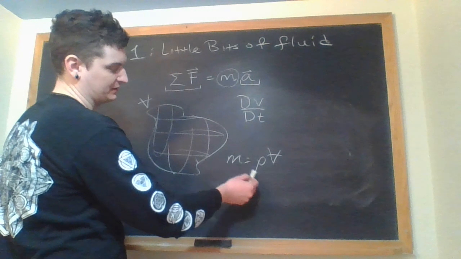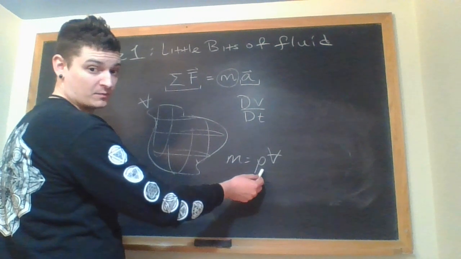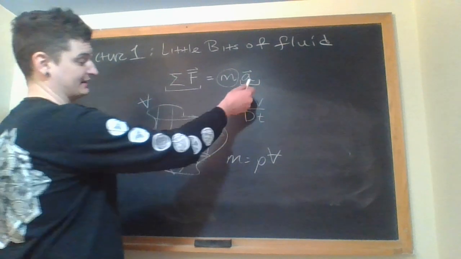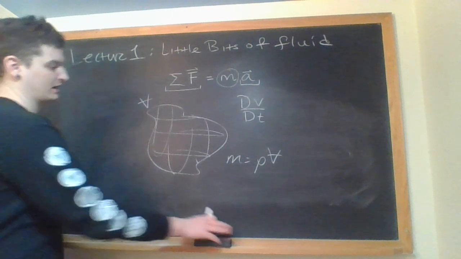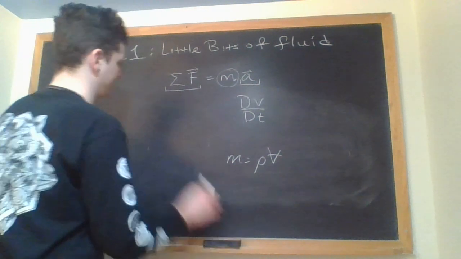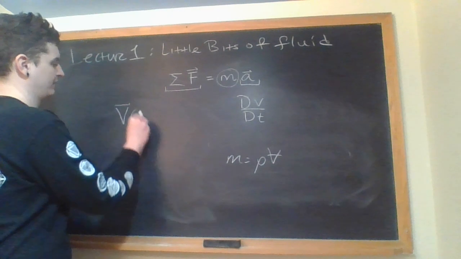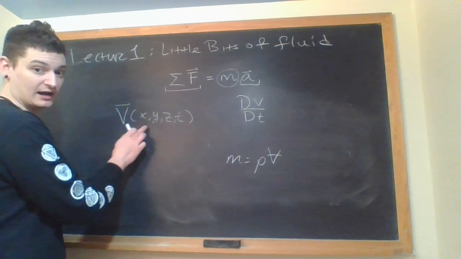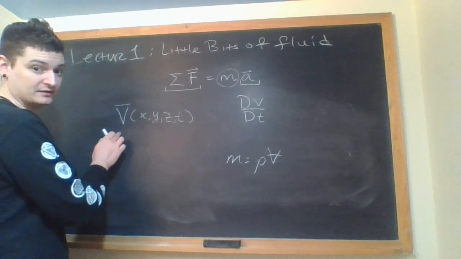But now you can see that this rho part itself can be a function of all these variables just like this. So V, right, before when we were trying to describe the A, we had a vector field. So for every point in space and a given time, I'll give you a vector.